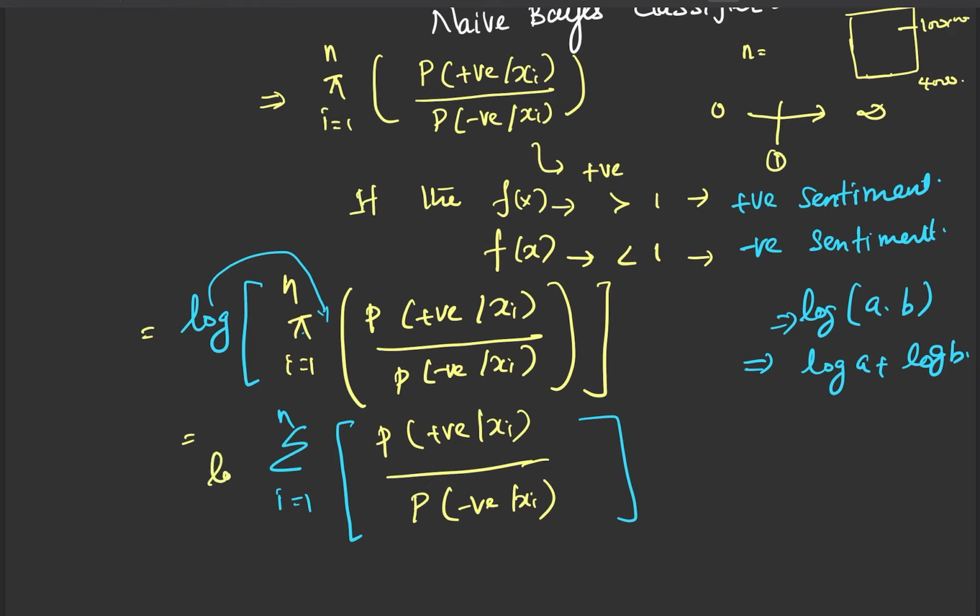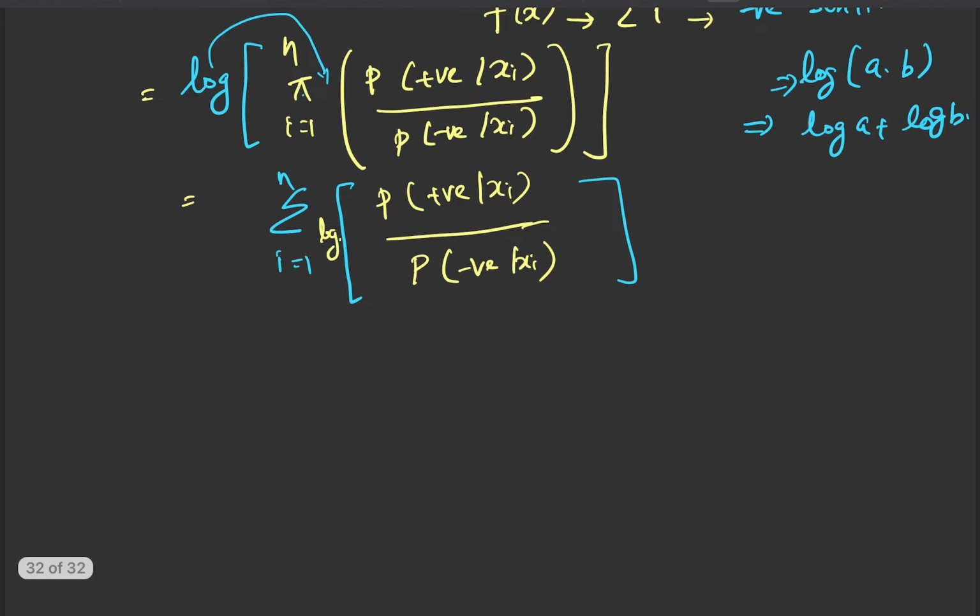This is our modified formula. This is the log ratio. Here I forgot to include the log; the log value should go inside this one. This formula is called the log ratio.